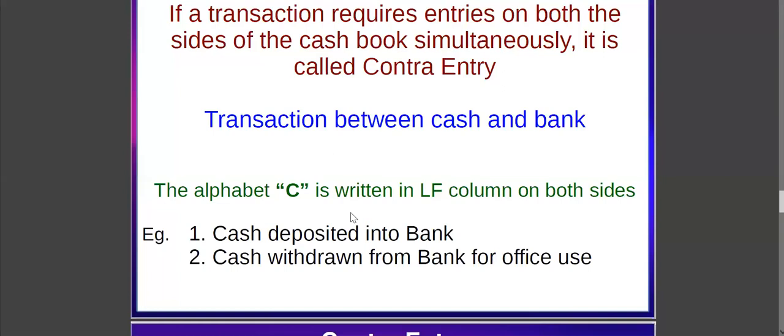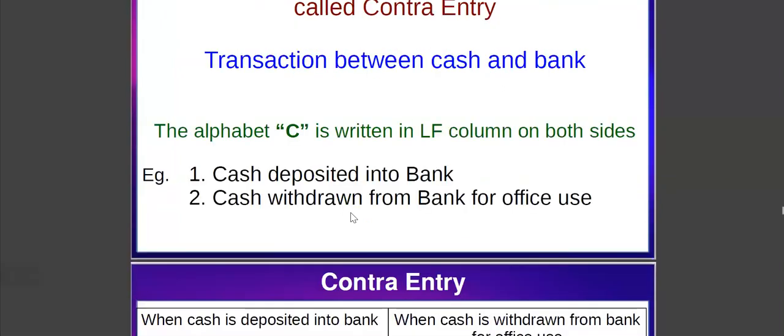One entry will affect both sides. For example, cash deposited into bank. Cash withdrawn from bank for office use. I already told you how cash deposited into bank will affect our accounts.